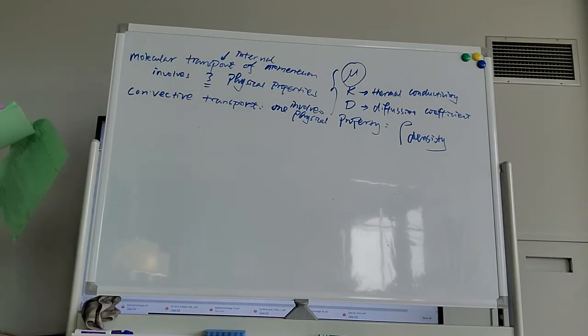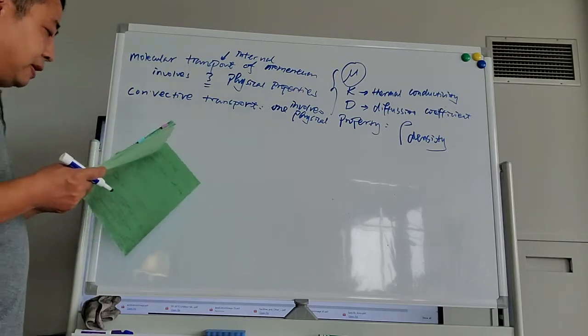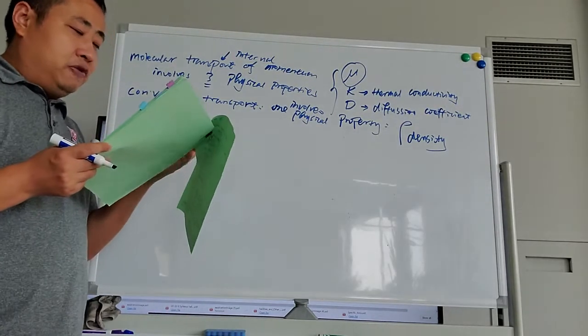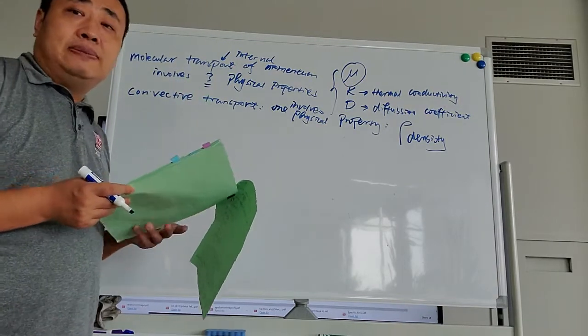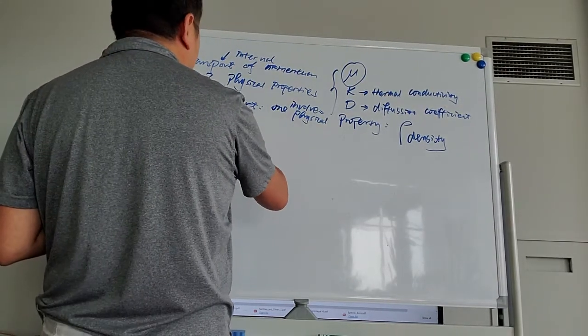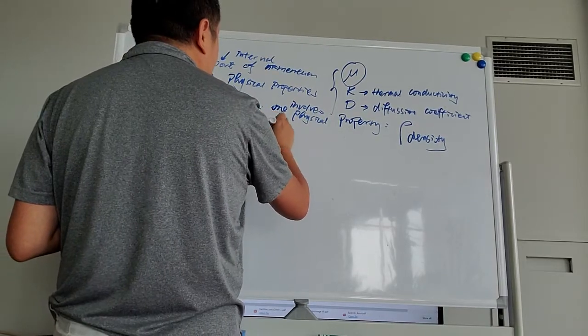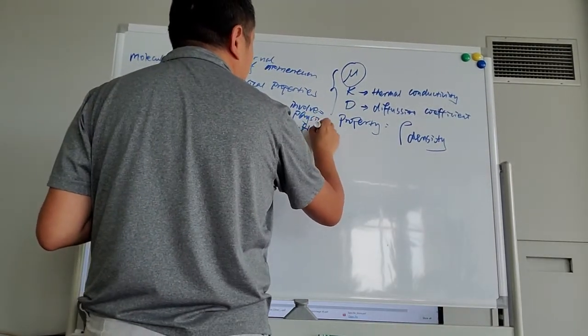For convection, we're talking about the bulk flow of fluid, so mostly we're talking about the external influence.